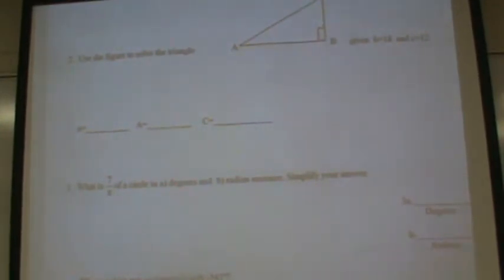Number 2 wants you to solve the triangle given that you have B equals 18 and C equals 12. So again, labeling your triangle correctly, the side is opposite the angle.